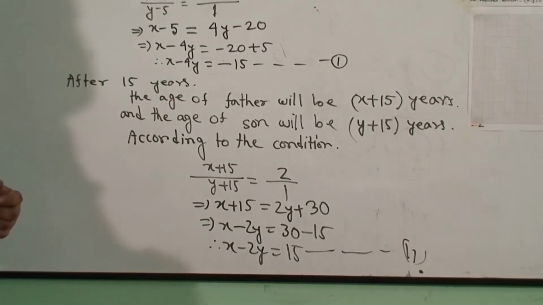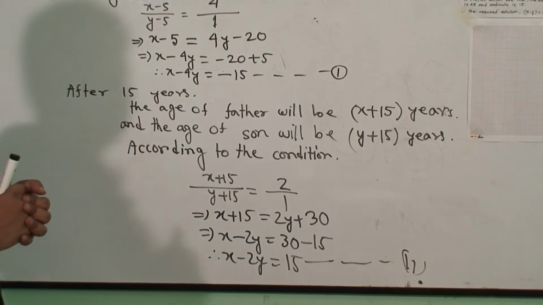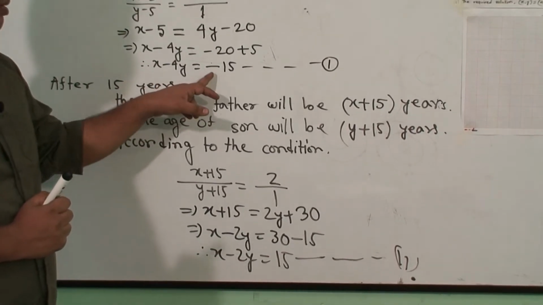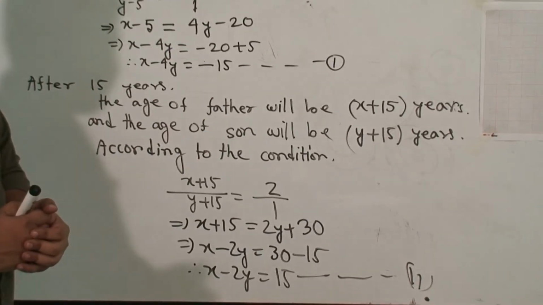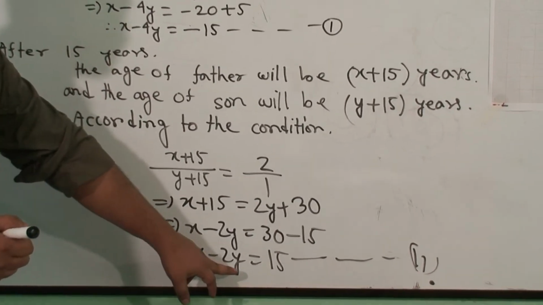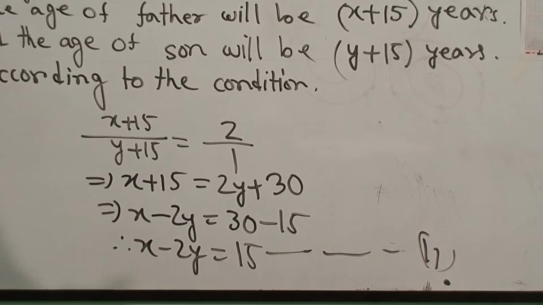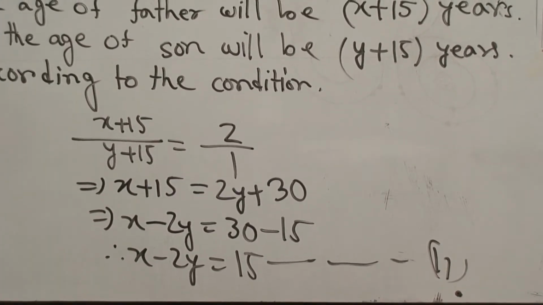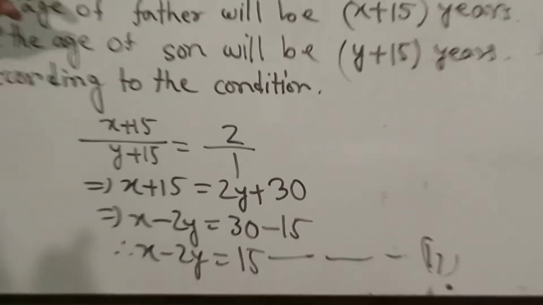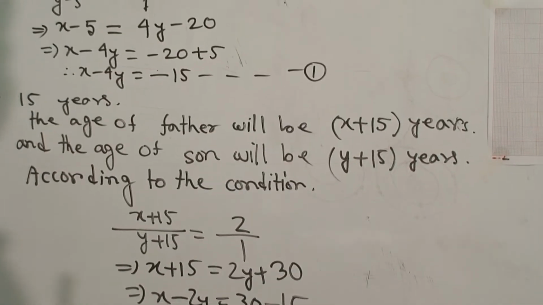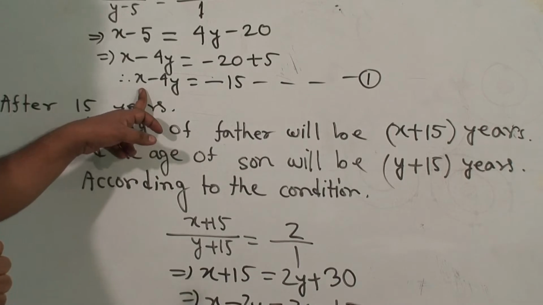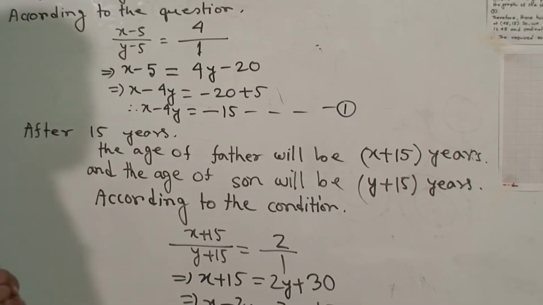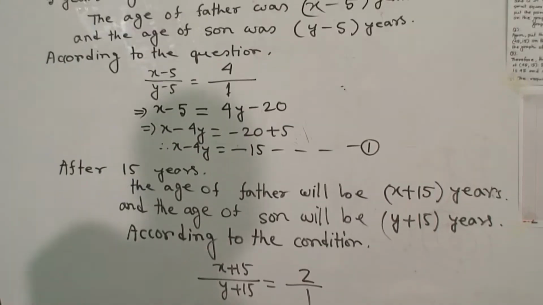My dear students, from that condition we get two equations. One is x minus 4y equal to minus 15, and another is x minus twice y equal to 15. By solving these two equations we get the value of the unknown variables, which are x and y. We have already considered x is the present age of father and y is the present age of son. So let us start.